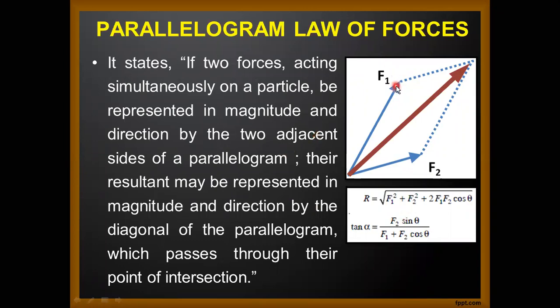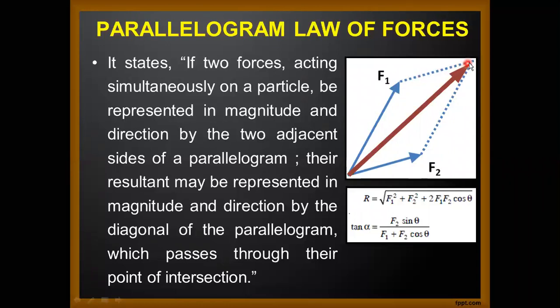For example, F1 and F2 are two forces acting simultaneously on a particle. They can be represented by the magnitude and direction in which they act. The resultant of these two forces can be determined by drawing a parallelogram with the same magnitudes for its sides.